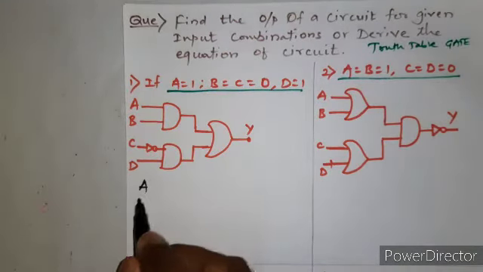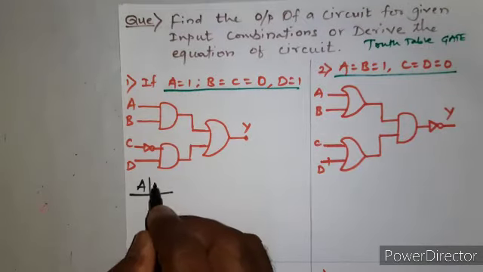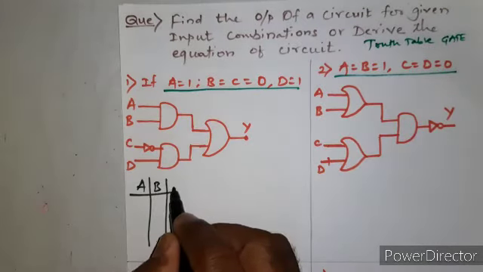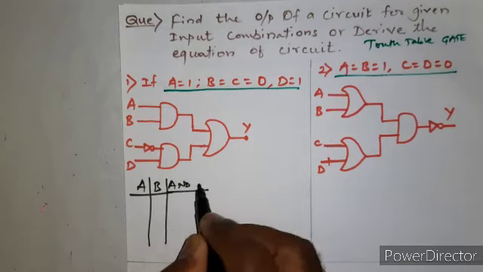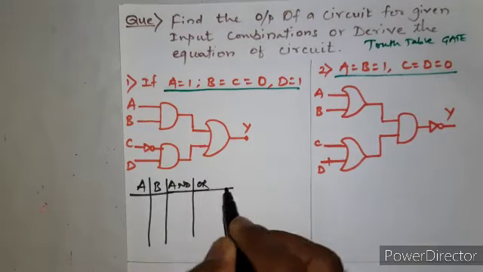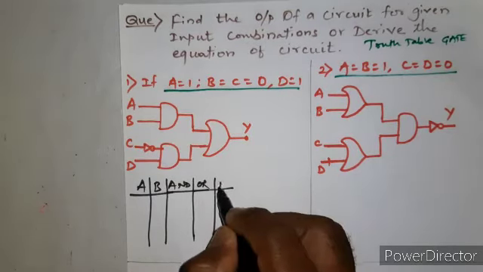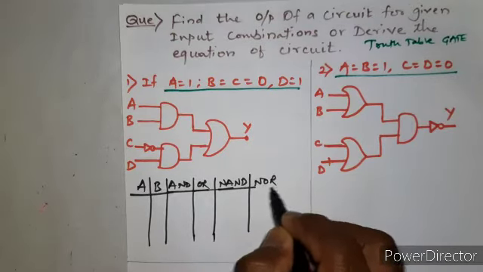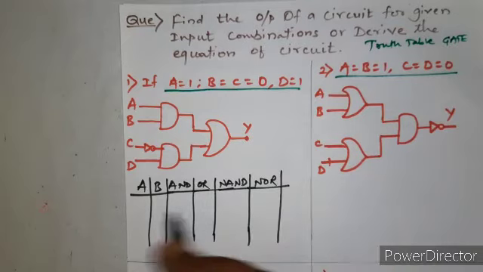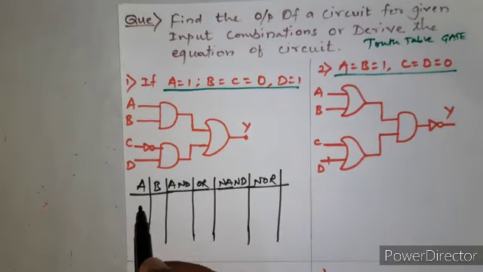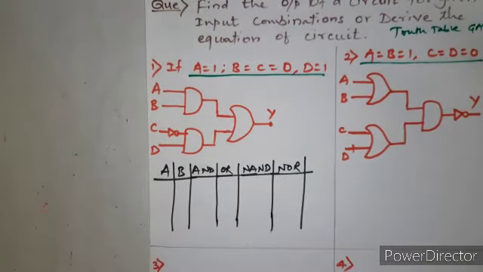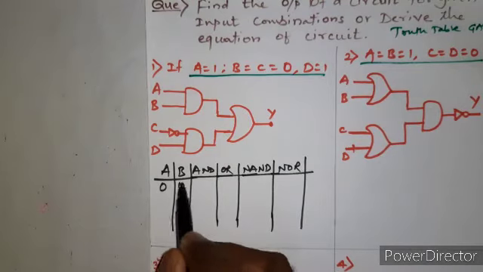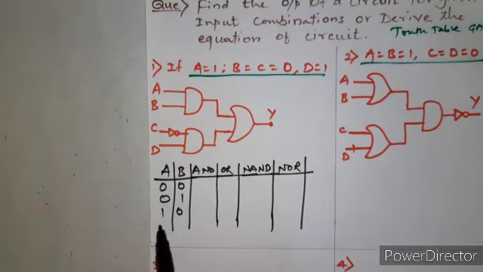So I have A, B, then I have AND and OR, then NAND and NOR. You can go for XOR, XNOR also. The input combination for two inputs is 0 0, 0 1, 1 0, 1 1, right?